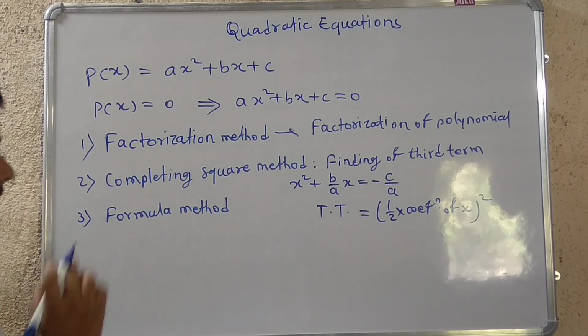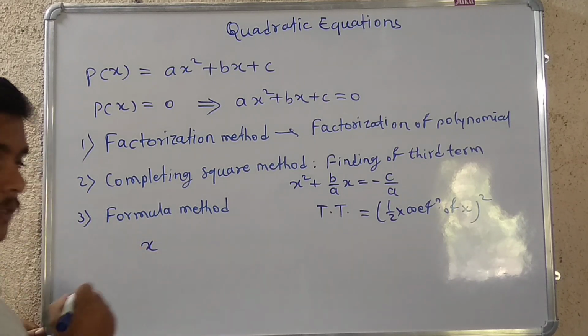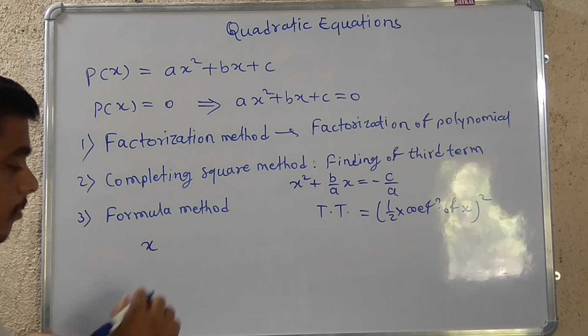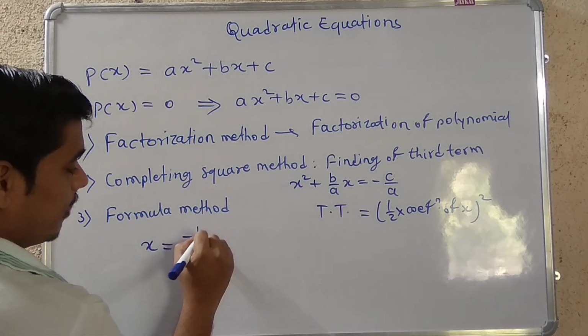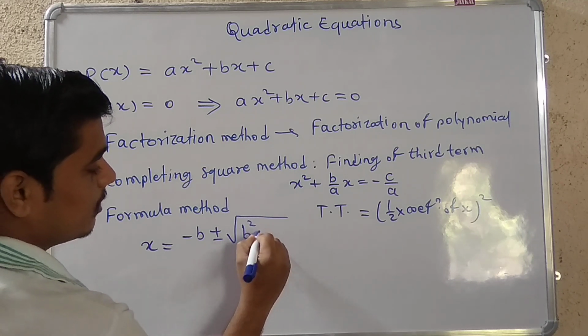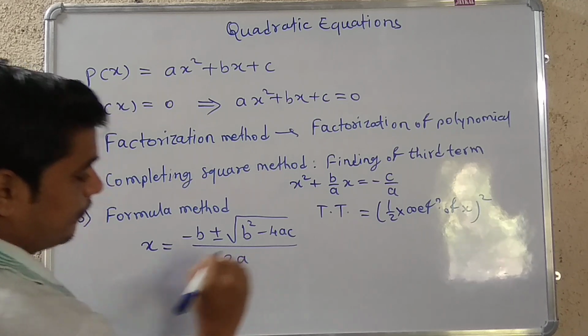And the last one, the formula method, is quite simple. You just have to insert the coefficients a, b, c in a proper way. So x is equal to minus b plus or minus under root b square minus 4ac, divided by 2a.